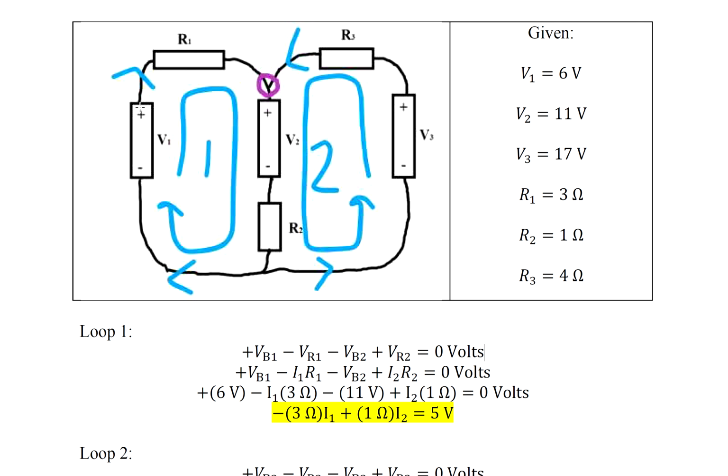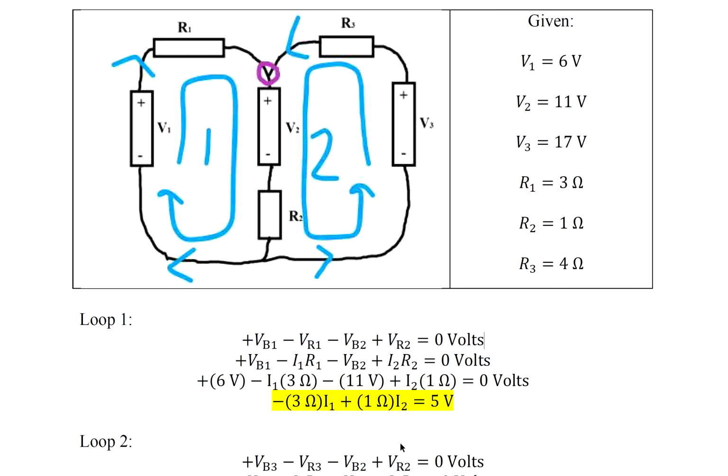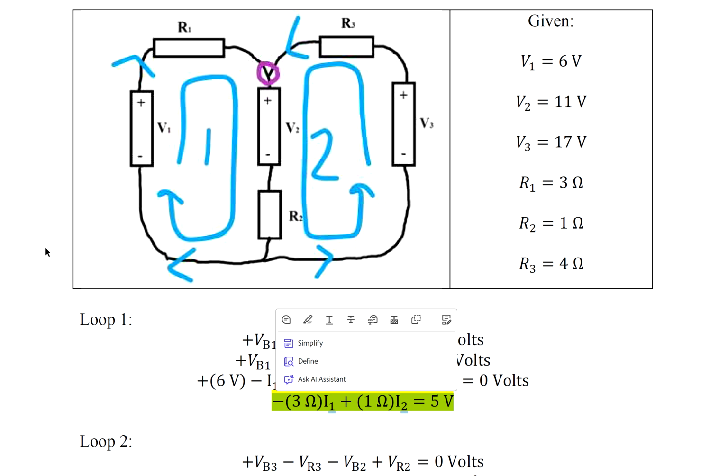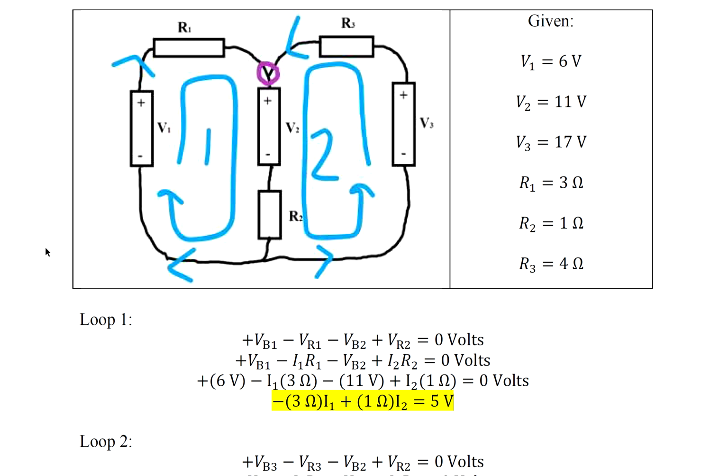Then I'm going up, so I get plus VB1 minus VR1, and now I'm saying minus VB2 because I'm going against the battery. Plus VR2 equals 0 volts. Okay, so I end up getting this equation in yellow. 2 unknowns, I1 and I2.